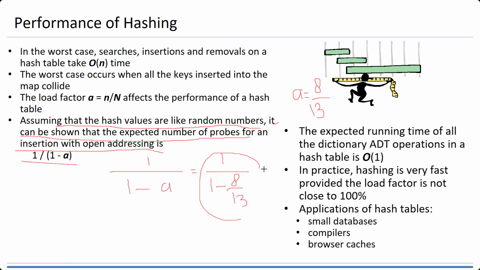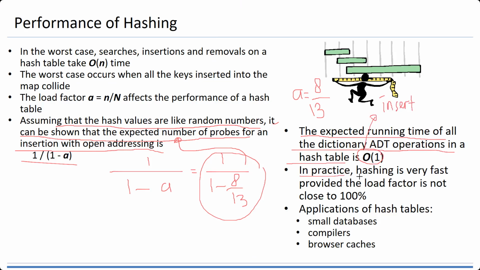So this is what we call the expected number of probes. And when we do this one, the expected running time of all the dictionary ADT operations in the hash table is O(1). So O(1) means when we insert, we expect it is one time or constant.